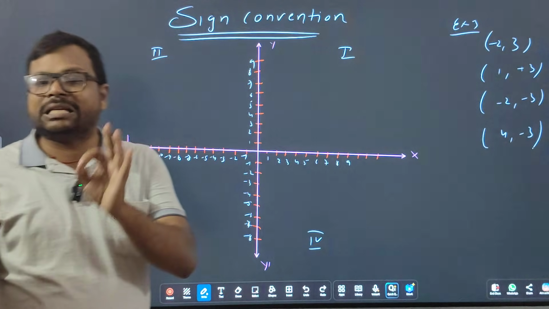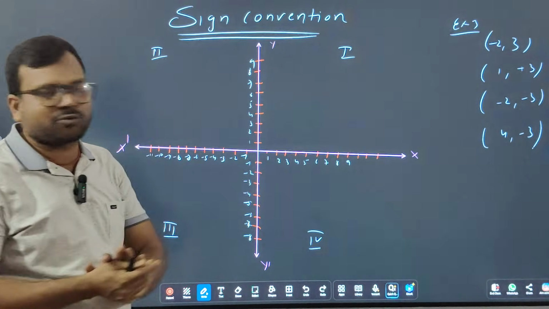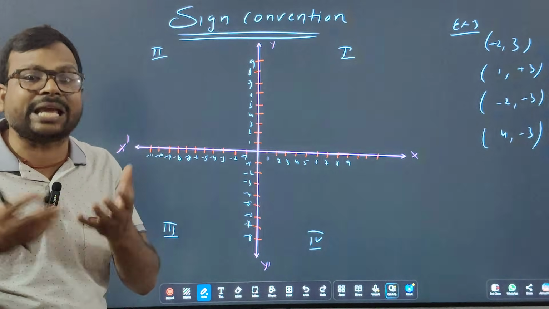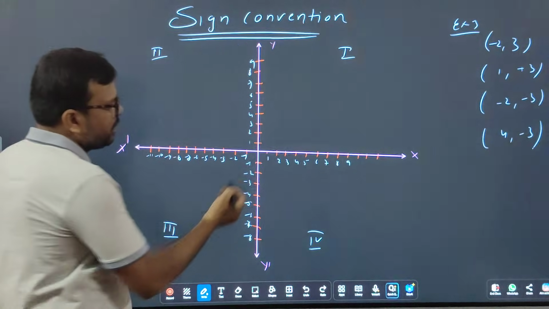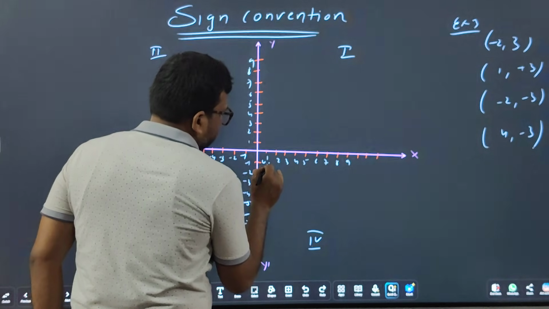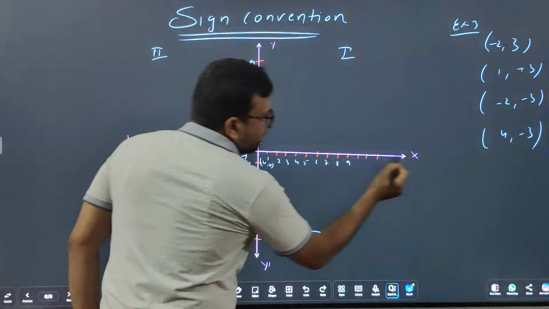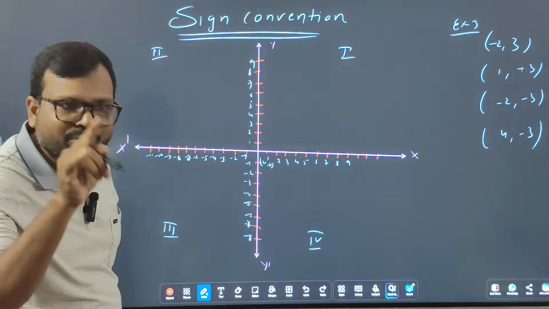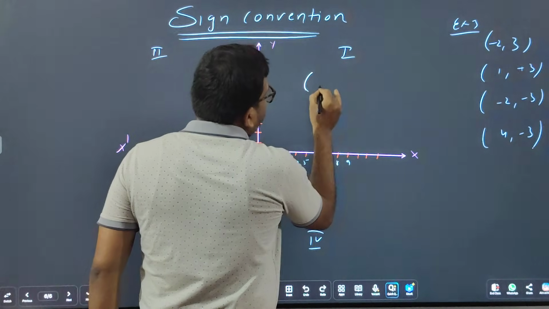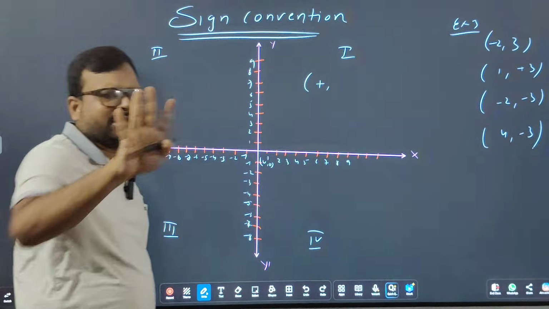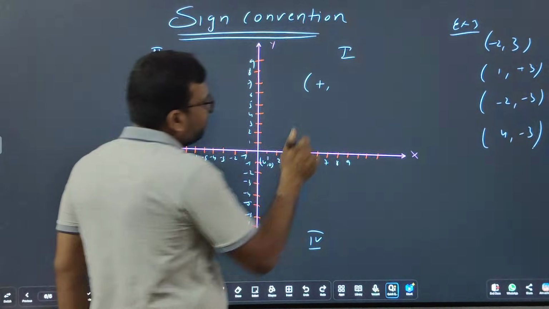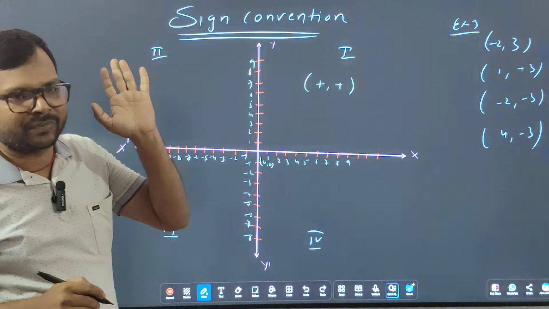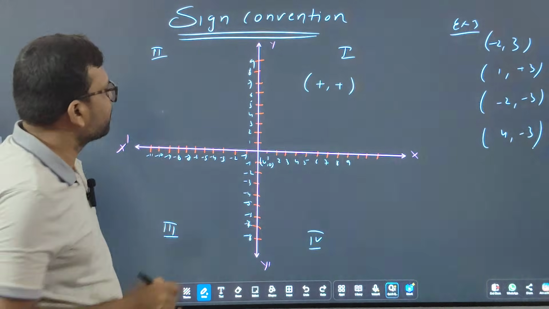Only see that the first quadrant is formed from which axes? Positive x-axis and positive y-axis. So every point which lies in the first quadrant will have the sign plus, plus.